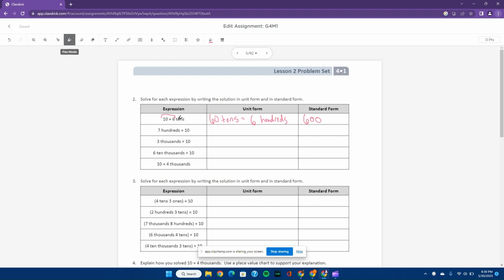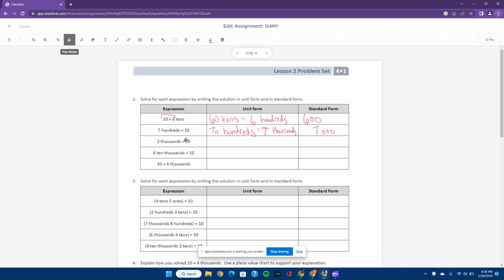7 hundreds times 10 would be 70 hundreds. And 70 hundreds is going to be equal to 7 of the next largest place value, which is thousands. And that would be 7,000.